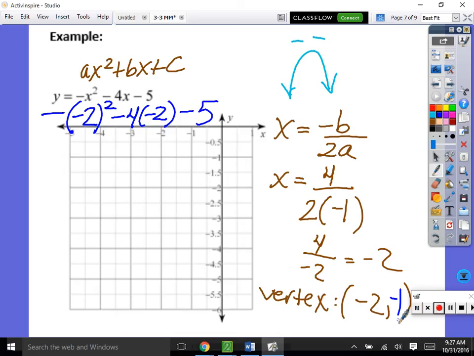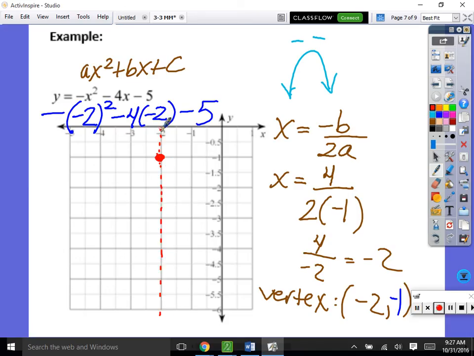So -2, -1. So now we'll go to the origin 0, 0, and we'll go to -2, -1. There's our vertex. Now we'll graph our axis of symmetry.